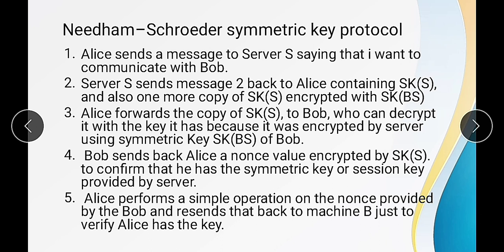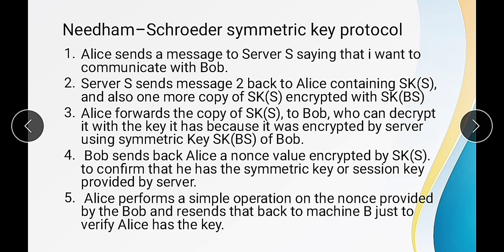So it can encrypt the message using those keys. It means it can encrypt the message using Bob's key, so that message will be easily decrypted by Bob. Next, Bob sends back to Alice a nonce value encrypted by the session key, to confirm that he has the symmetric key or session key provided by the server.